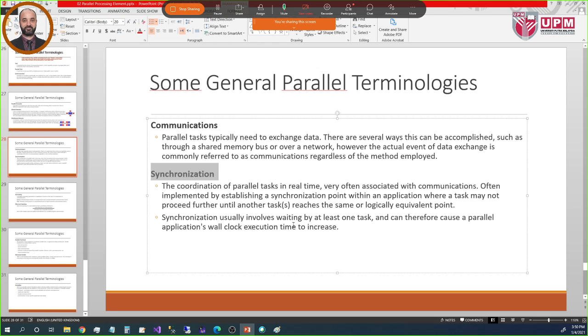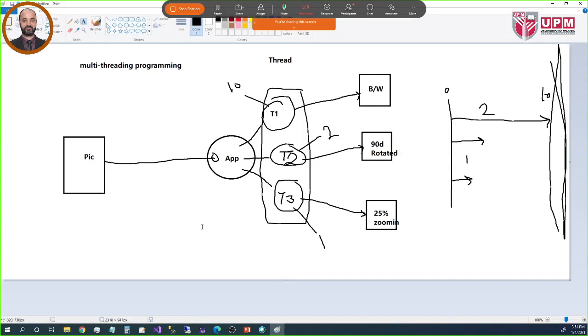Synchronization usually involves waiting by at least one task and can therefore cause a parallel application's wall-clock execution time to increase. Sorry, this is very long. I don't like to read from slides, but I sometimes have to because I need to explain to you.